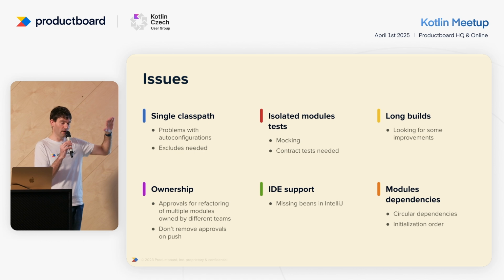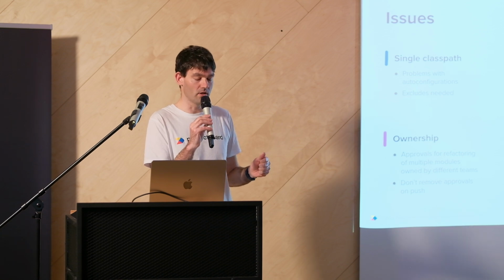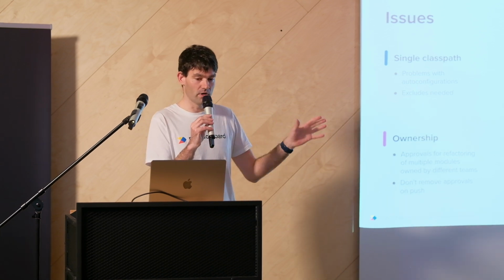So when you have everything on the same class path and you don't exclude this auto configuration, these parts are configured automatically for you, so you can, for example, configure your data sources although you don't need any of them. For some cases, it's necessary to exclude quite a lot of things when you have a really simple module.